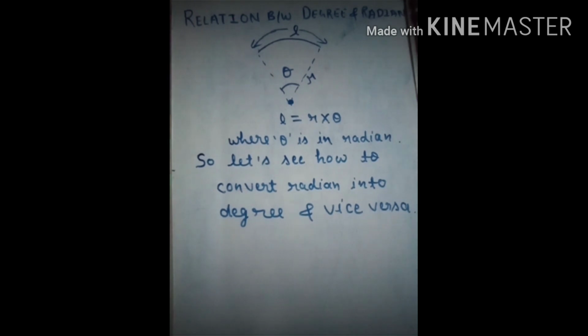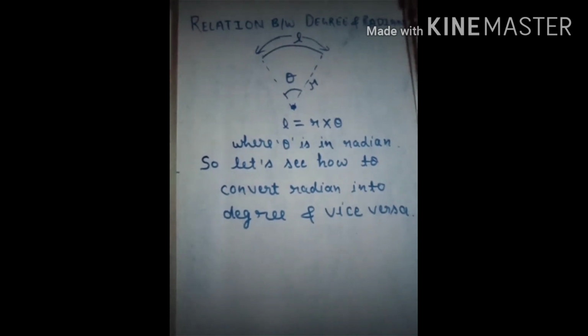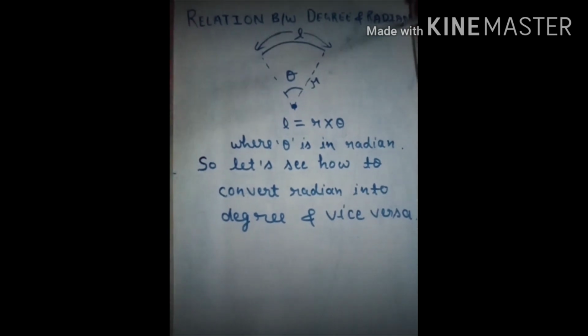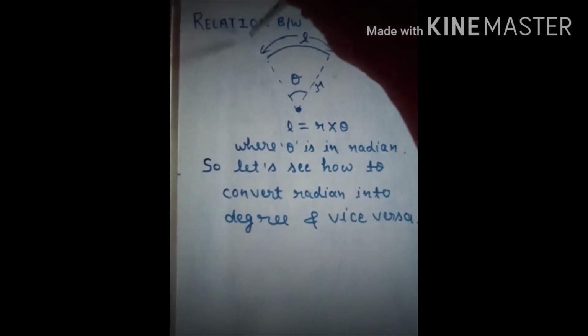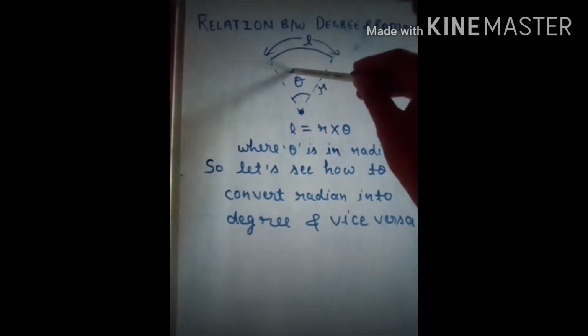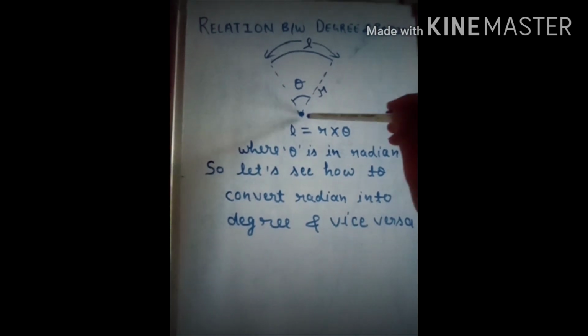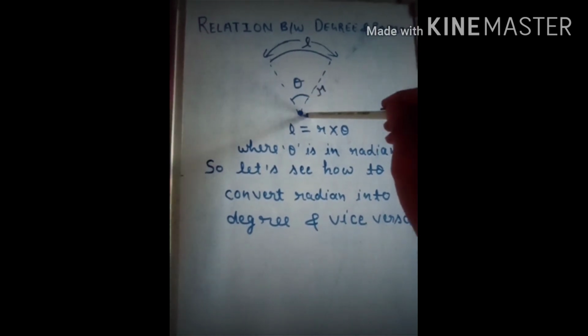Now let us see how both the angles are related, means the degree and the radian. So let us see the relation between degree and radian. For this I considered an arc of length L and it subtends theta angle at the center.